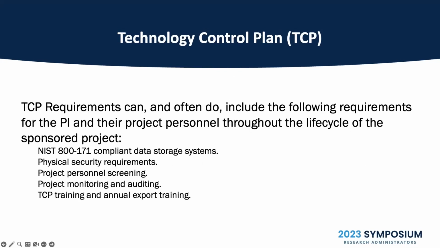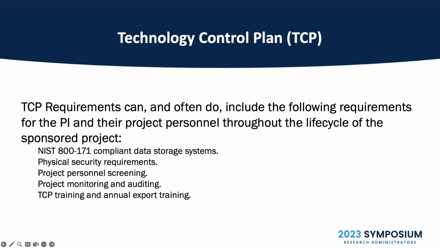And that being said, certain examples of what a TCP can include are things like physical security requirements. A lot of the time when we're working with controlled biologicals, for example, we will actually just apply certain BSL levels. A lot of the BSL levels for materials in particular actually exceed what we would normally require under physical security requirements.